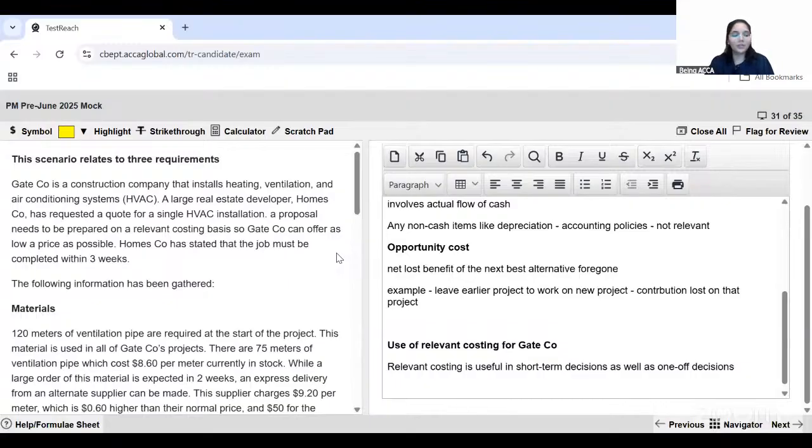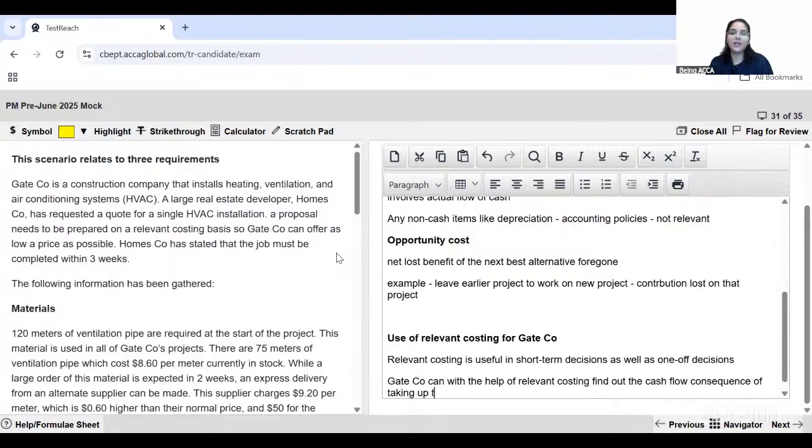So here this is going to be particularly useful for them because gate company can, with the help of relevant costing, find out the cash flow consequence of taking up this particular project, this project of homes company, right? So now you have answered your entire requirement for 5 marks.